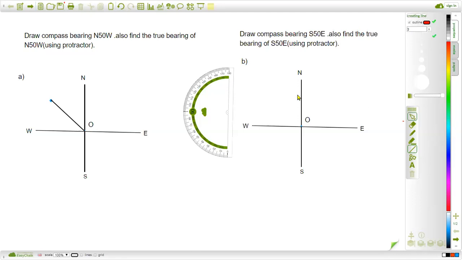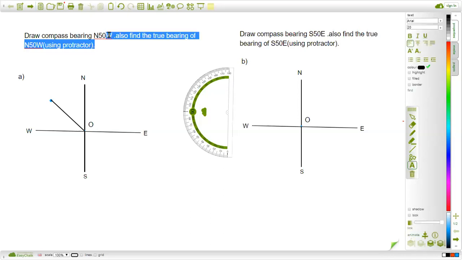This is the line having the compass bearing of N 50-degree W. From North Pole, the meaning of this is from North Pole we have to go 50 degree towards west.